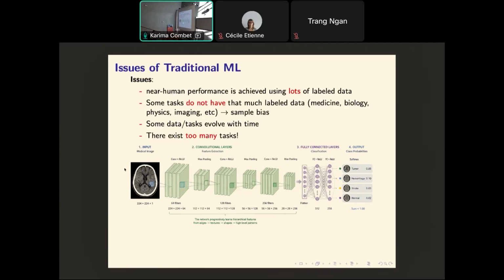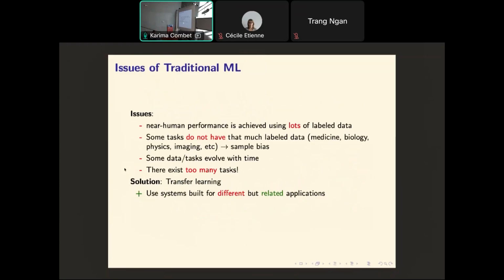And also, there are too many tasks to address, and it's not feasible that lots of people could label a sufficiently large amount of data. And this is where transfer learning comes in. The idea is to try to build systems that will be able to adapt to new domains, to new tasks, by just refining some models or just aligning some statistics between data sets.